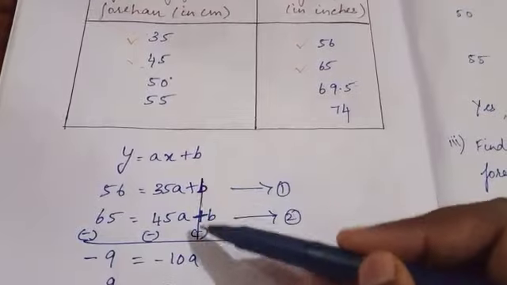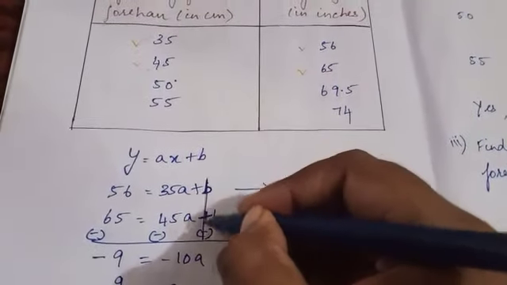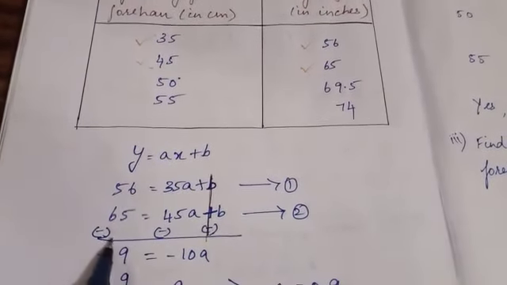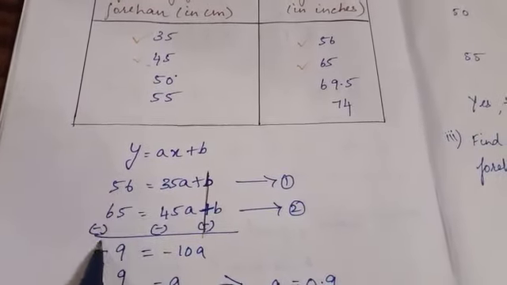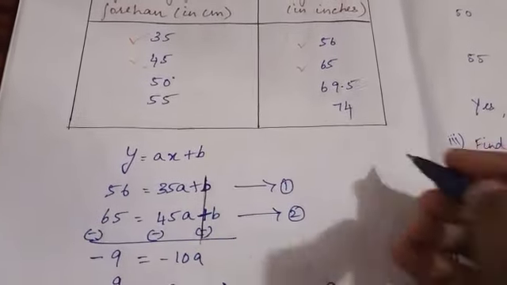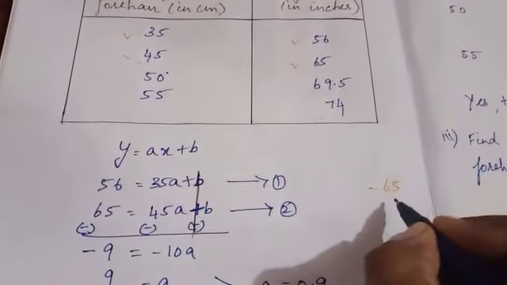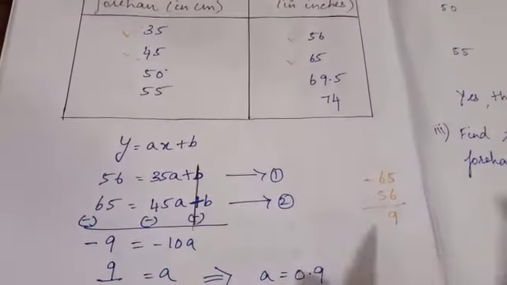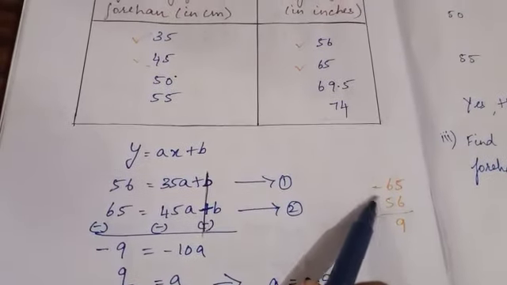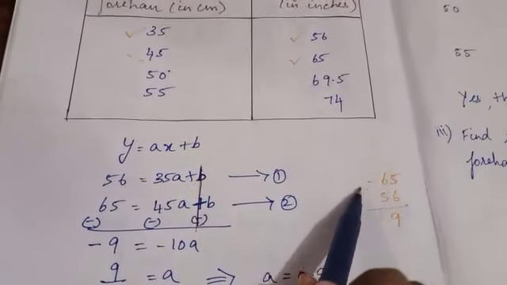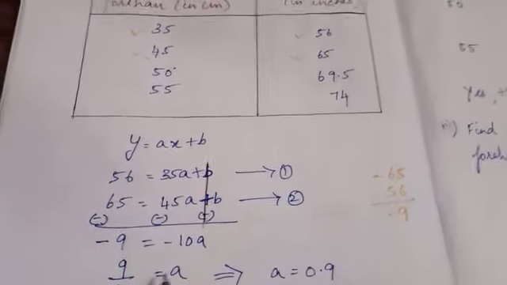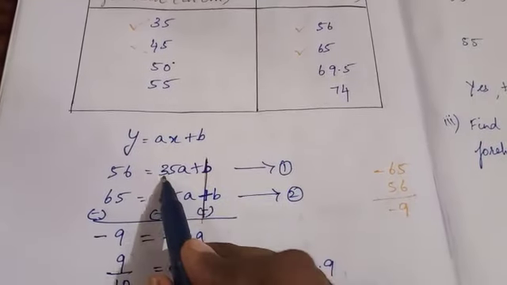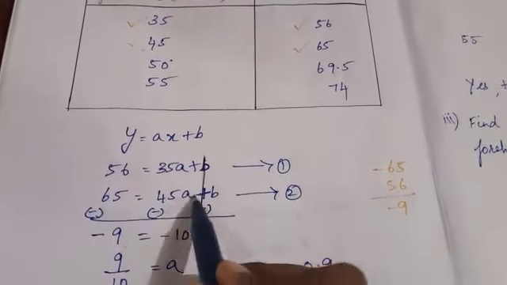Since we have plus b and minus b, they get cancelled. On the remaining side, 56 minus 65: if we subtract, our answer will be 9, and the greater number's sign is minus, so I've written minus 9 is equal to 35a minus 45a.